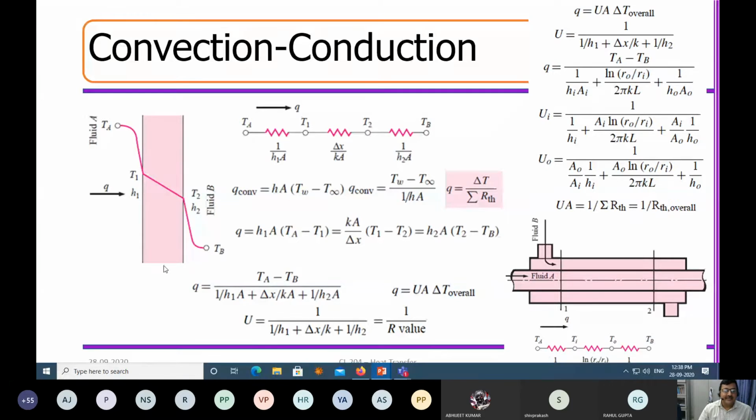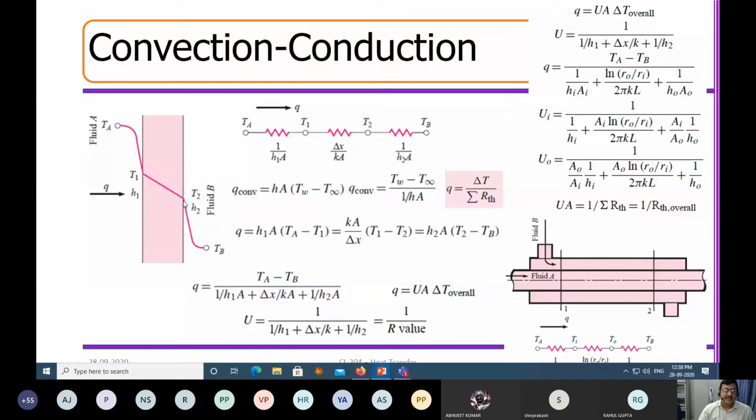First, I say that this is the boundary wall. This is the solid wall across which the main heat transfer is taking place. I'm not considering this one, and I'm not considering this one. This is a pipe, and I'm considering this wall first, and I want to see what is happening across this wall. I see that this side of the wall is at a higher temperature and this side is at a lower temperature.